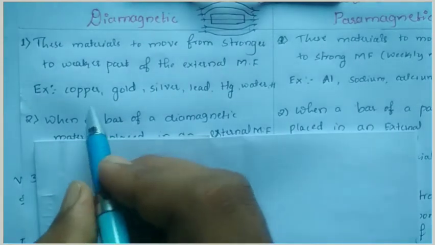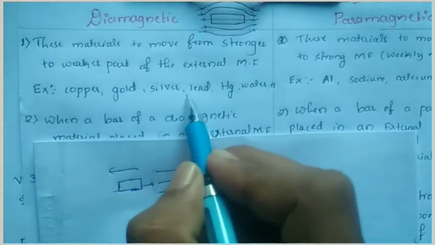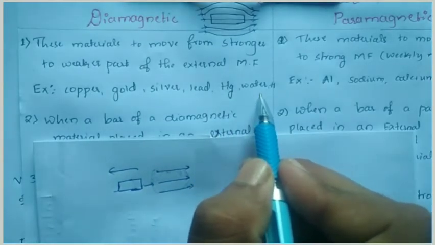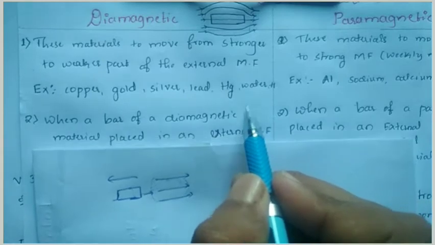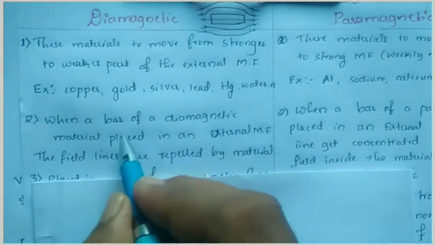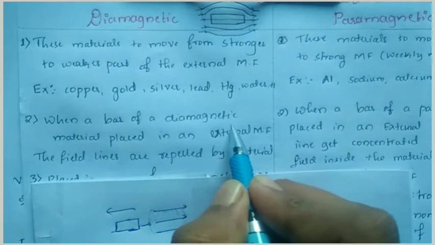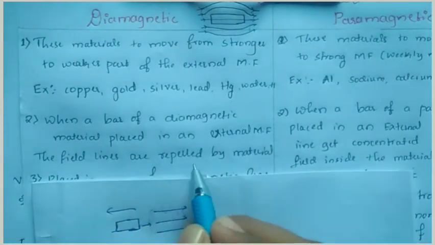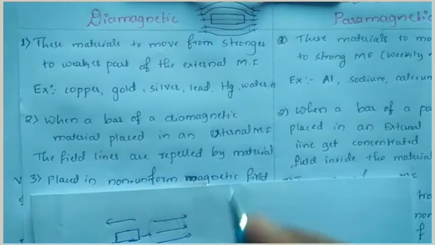For example, copper, gold, silver, lead, Hg, and water are examples of diamagnetic materials. Next, when a bar of a diamagnetic material is placed in an external magnetic field, the field lines are repelled by the material.